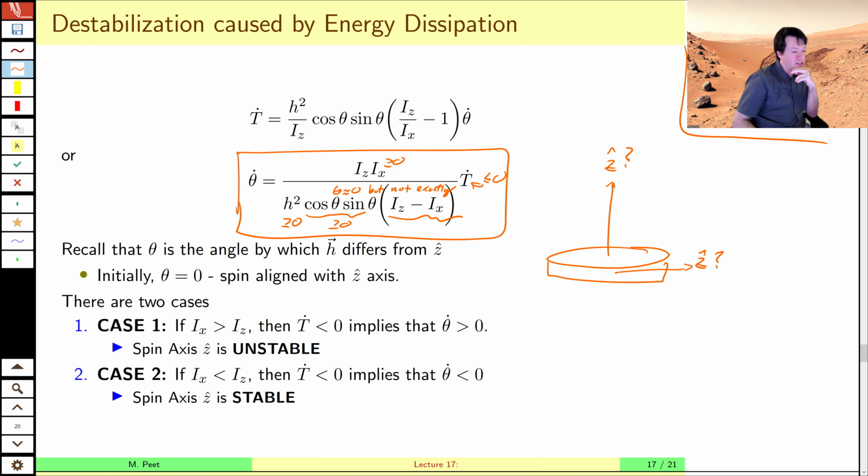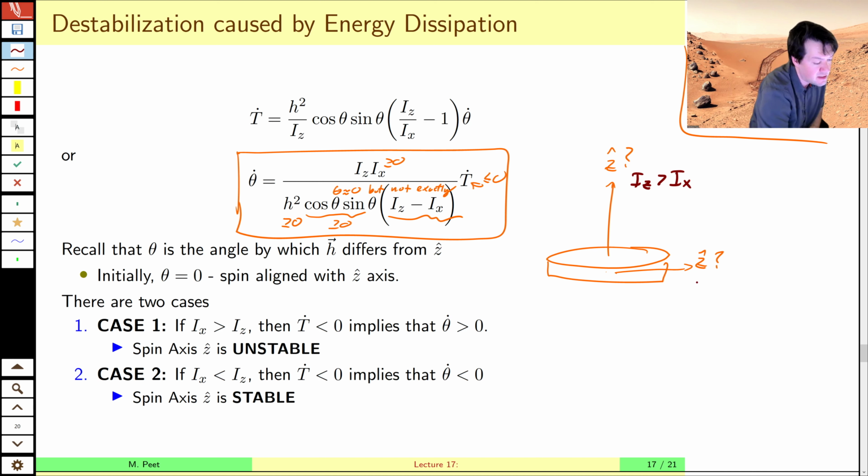And so the question is, is Iz greater than Ix? Well, in this case, we've defined it here, we have that z is the major axis. So Iz, in this case, is greater than Ix.